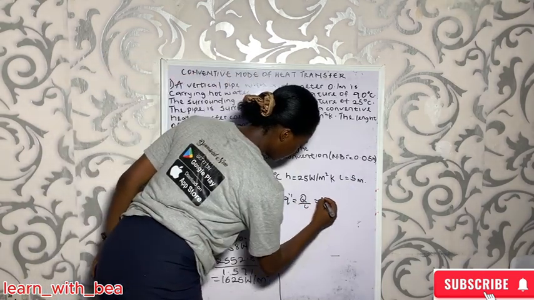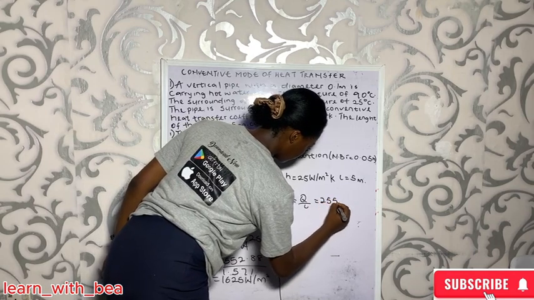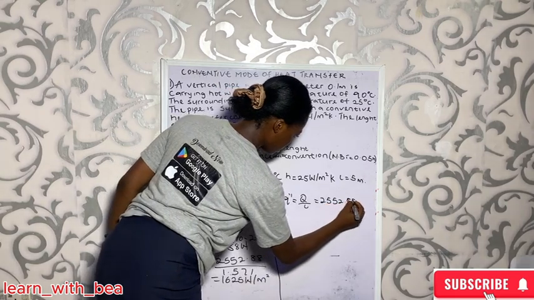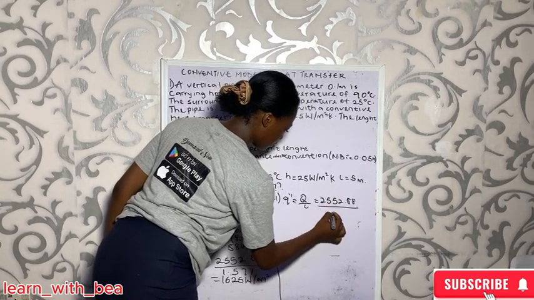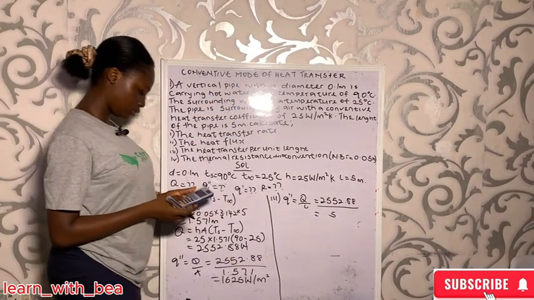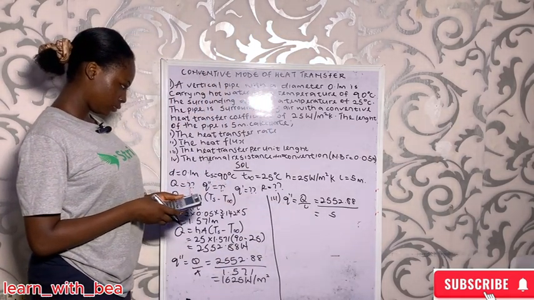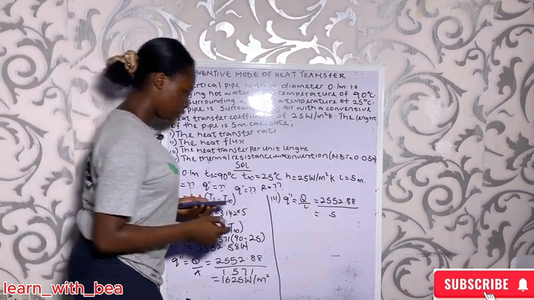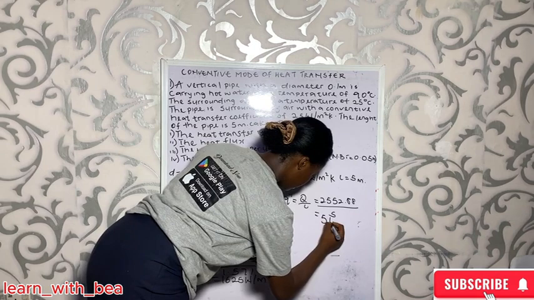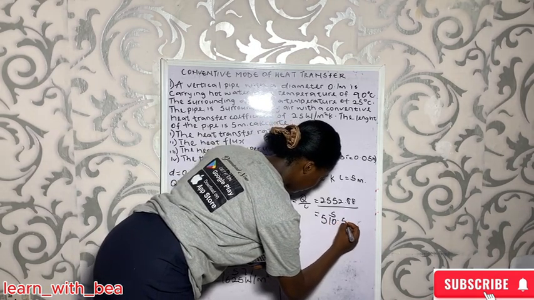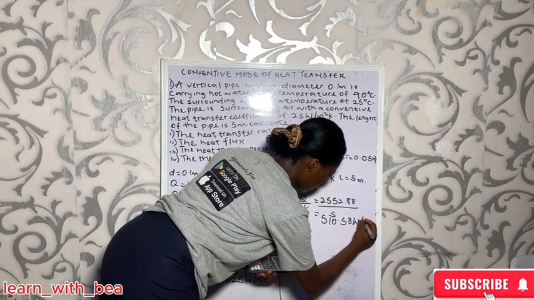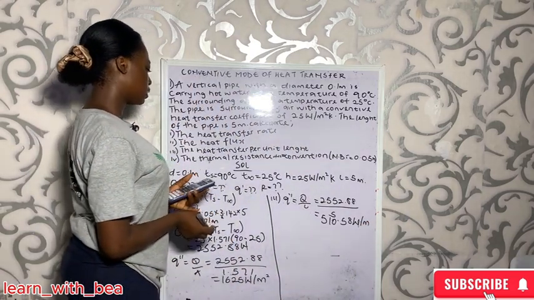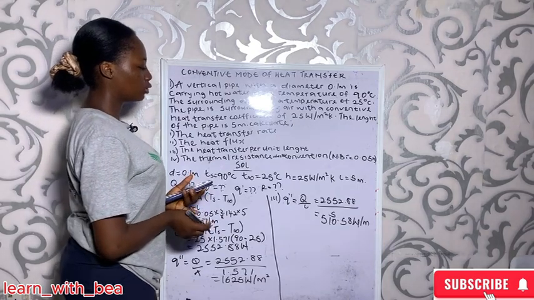Capital Q now, that's 2552.88. Then what's our length? 5. So what's this going to give us? Our final answer is 510.58 watts per meter.